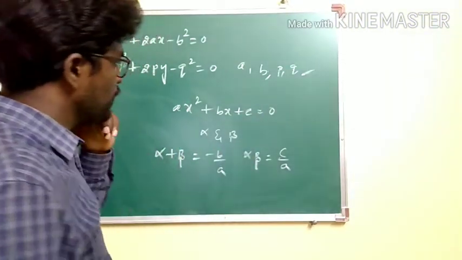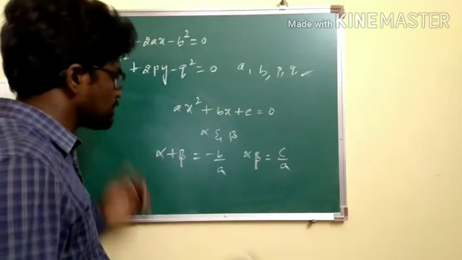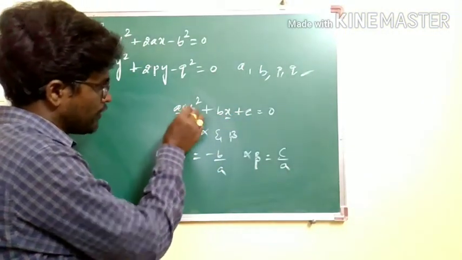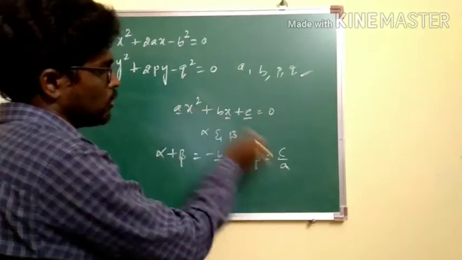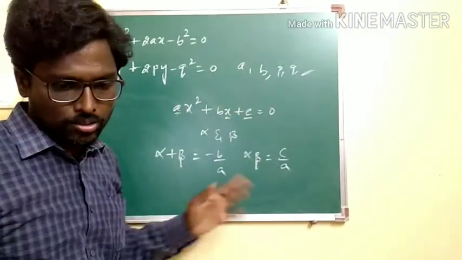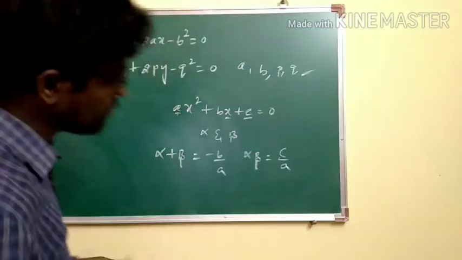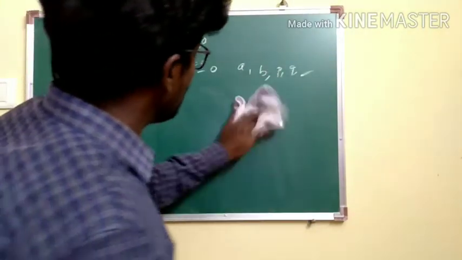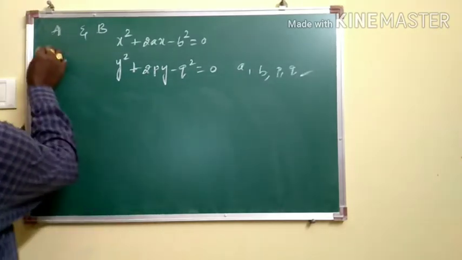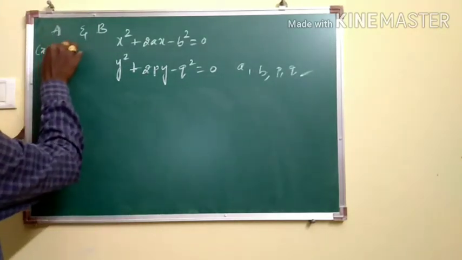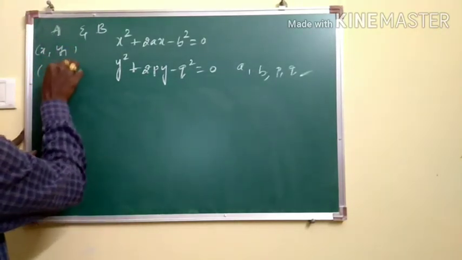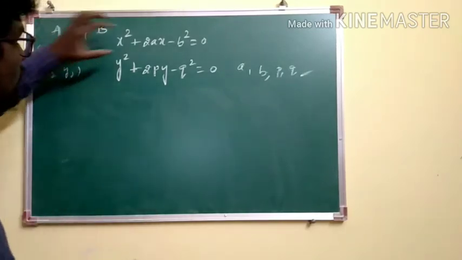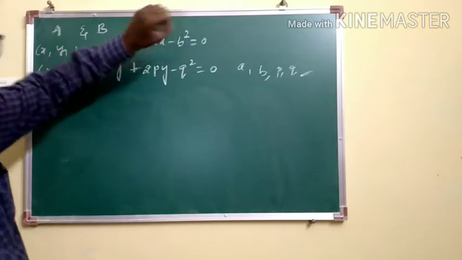Okay, so with the help of this knowledge, minus b by a in the sense coefficient of x by coefficient of x square, and c by a is the constant term by the coefficient of x square. This result might be useful in solving this problem. Since I have told you, if you treat the coordinates of A as x1, y1 and B as x2, y2, the abscissa of these two coordinates are given by these roots.